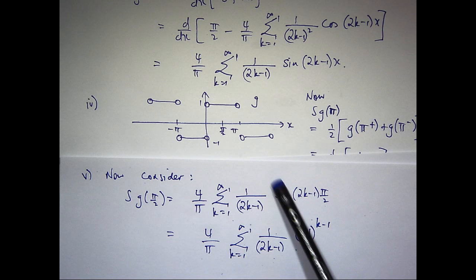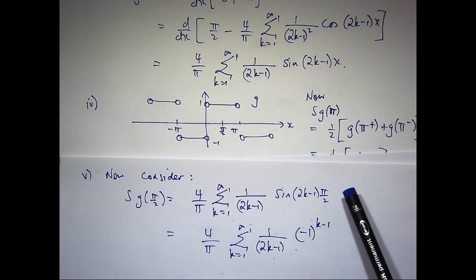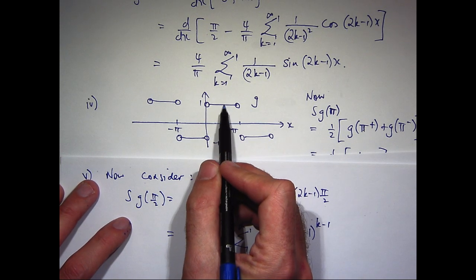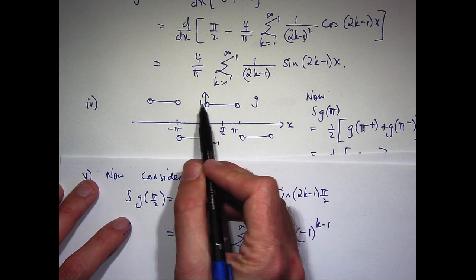When k equals 1, this is just sine of pi on 2, which is positive 1. When k equals 1, minus 1 to the 0, that's positive 1. Then it'll go negative 1, then positive 1, then negative 1, then positive 1. Okay? Now also, note that at x equals pi on 2, g is continuous, and its value is 1.